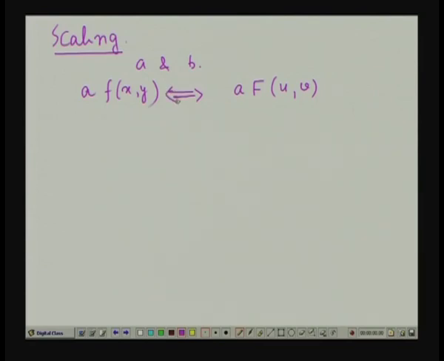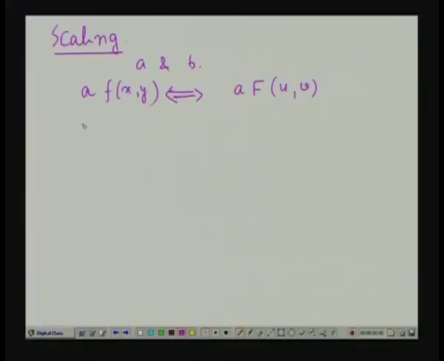So, if I multiply a signal by a scalar quantity a and take its Fourier transformation, we find that it is nothing but the Fourier transformation of the original signal multiplied by the same scalar quantity, and the same is true for the inverse Fourier transformation.